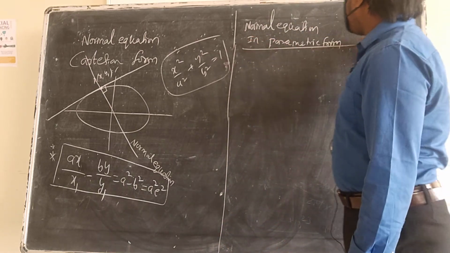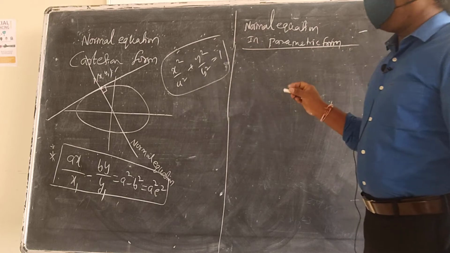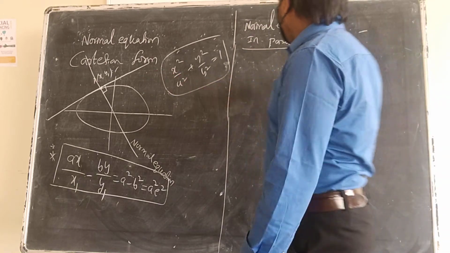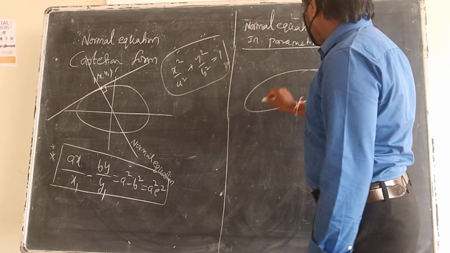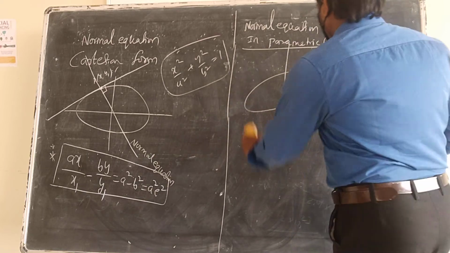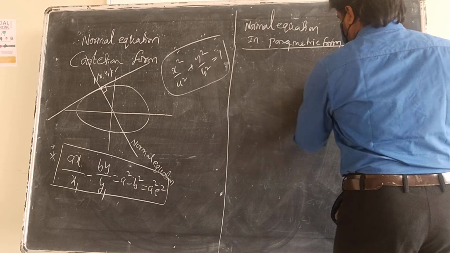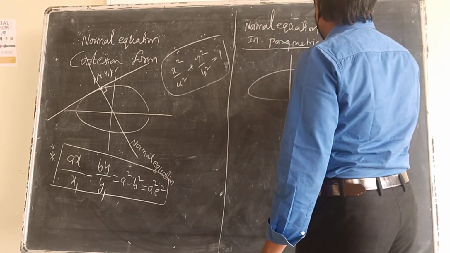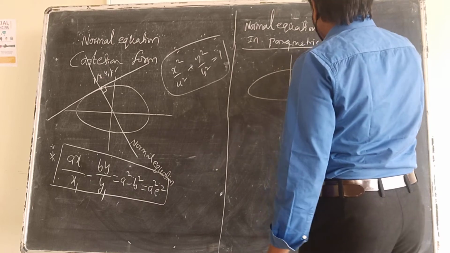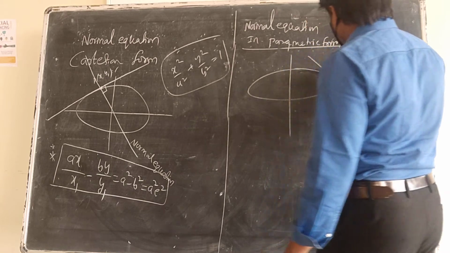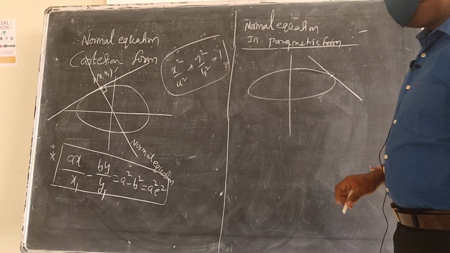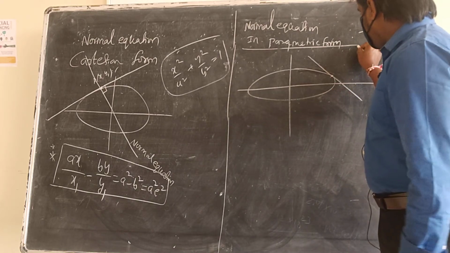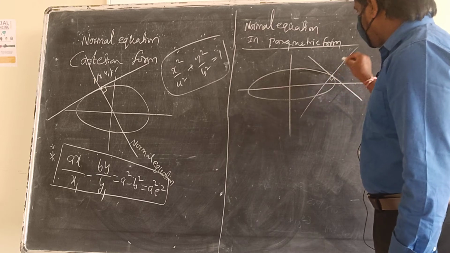Now, the equation of the normal in parametric form. If this is the ellipse, and here we take the tangent, then perpendicular to this tangent will be the normal.